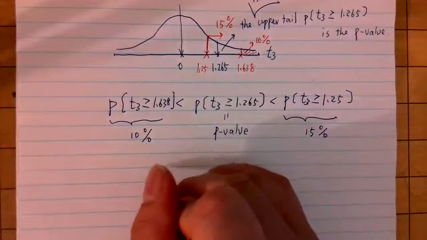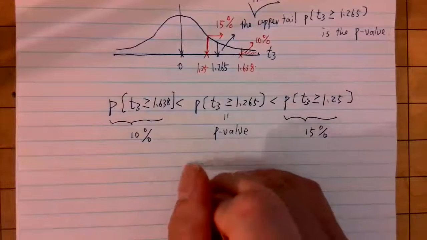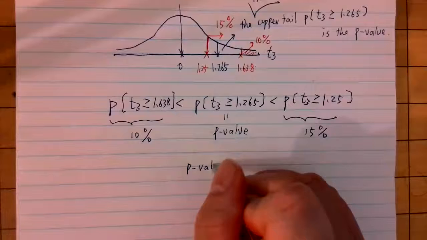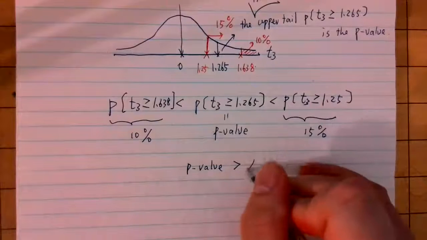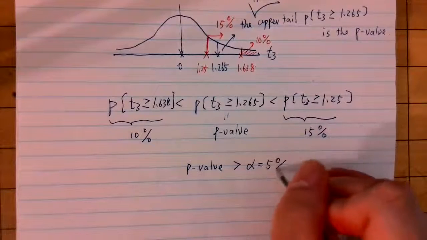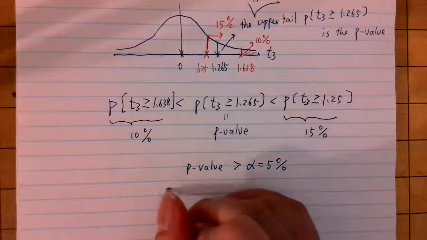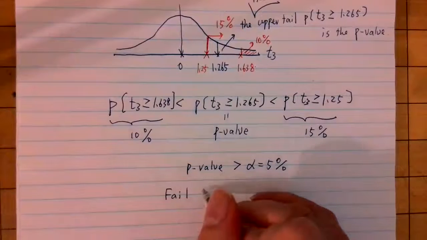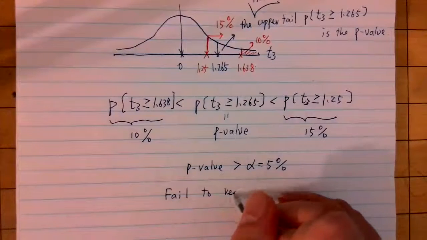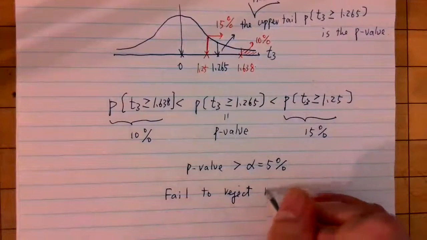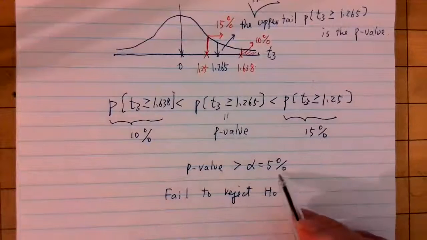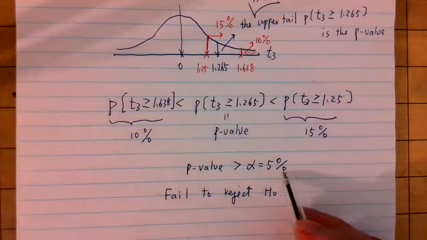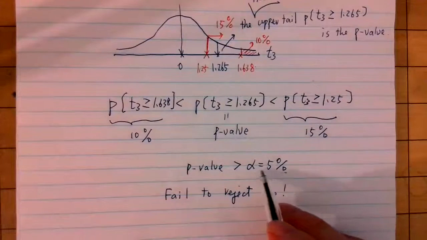Since the p-value is greater than alpha equal to 5%, we fail to reject H naught. But for the test question, we leave alpha open. So let's see.